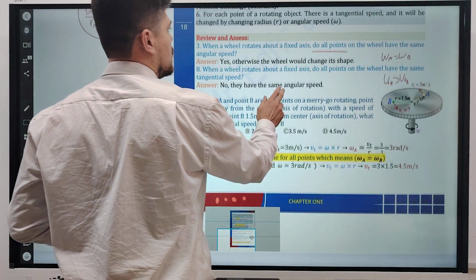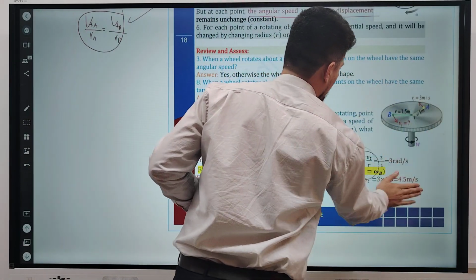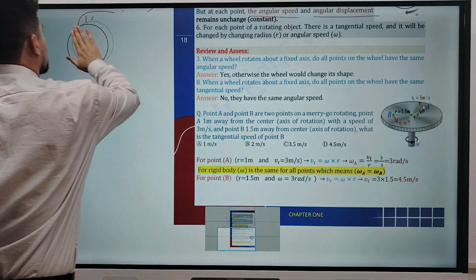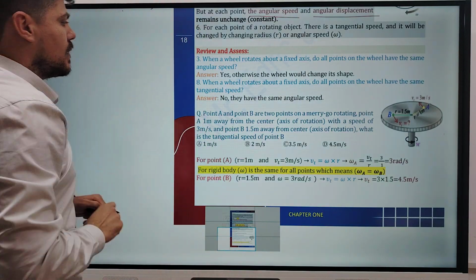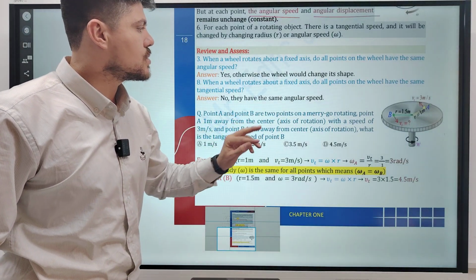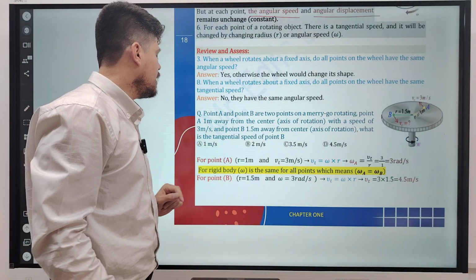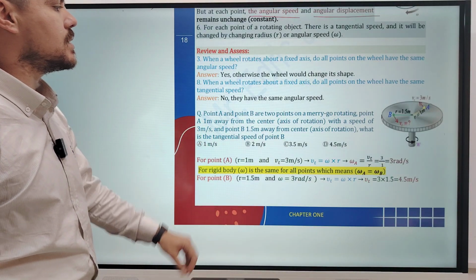Point A is 1 meter away from the center.